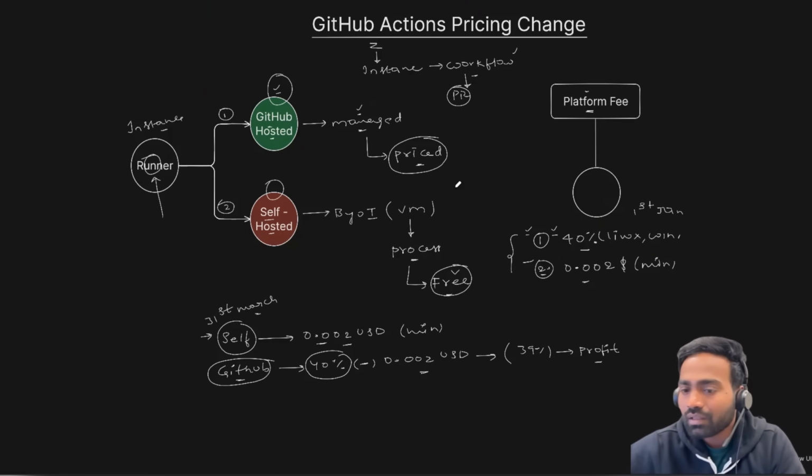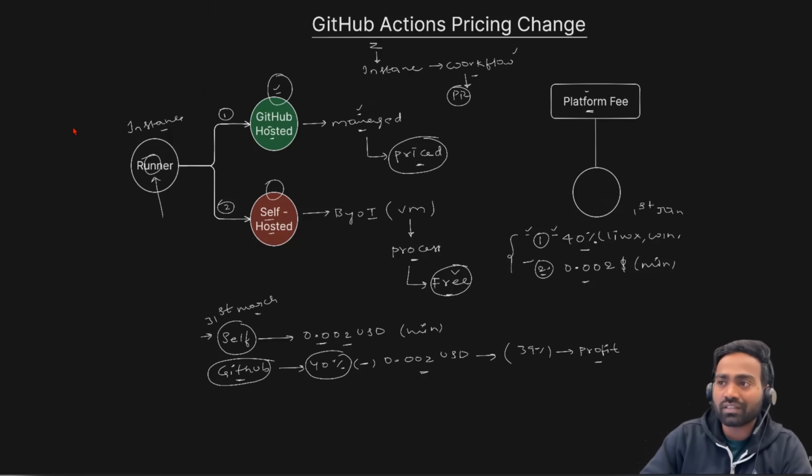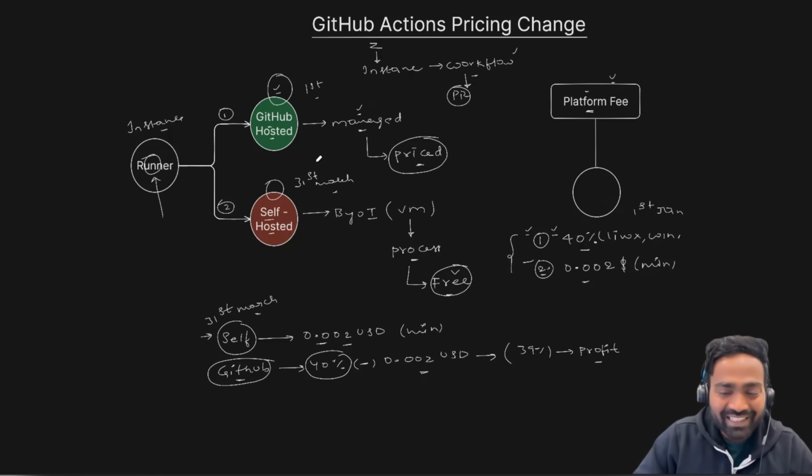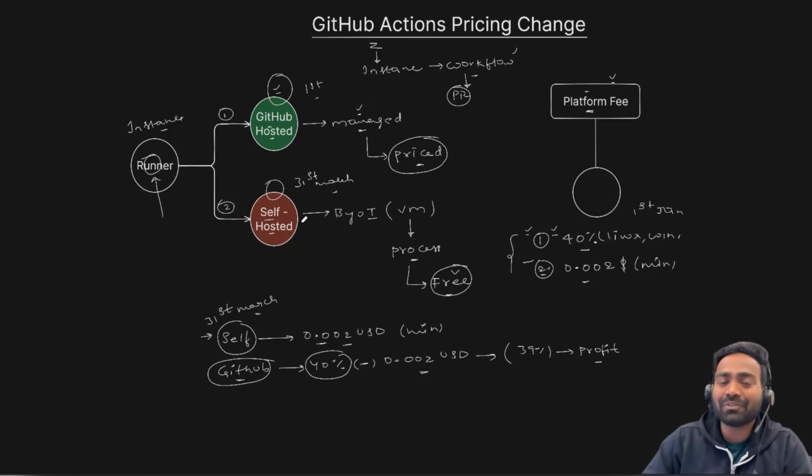One final time, for GitHub hosted runners, the pricing changes are effective 1st of January, but for self-hosted runners, the platform fee is effective from 31st of March 2026. This is another difference. I hope this comparison provides you very detailed information, and now you are clear what exactly the GitHub Actions pricing change is and how you as well as your organization are impacted.